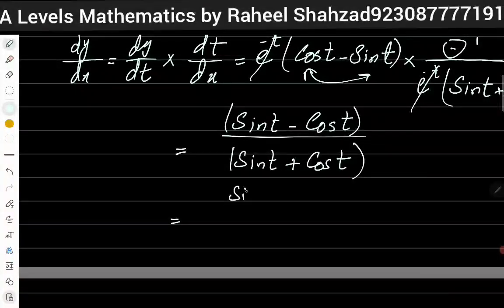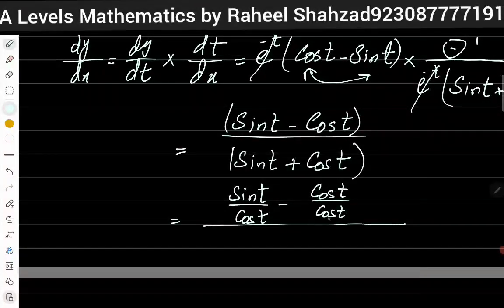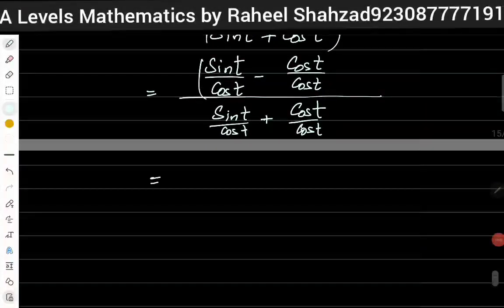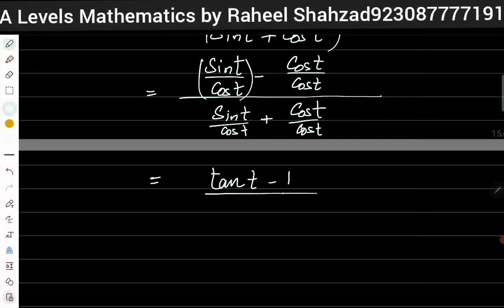So sin t by cos t minus cos t divided by cos t, whole divided by sin t divided by cos t plus cos t divided by cos t, right? Now sin divided by cos is your tan t, so that is equal to (tan t minus 1) divided by (tan t plus 1).